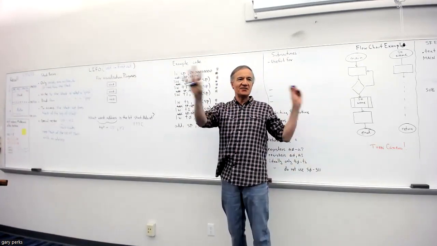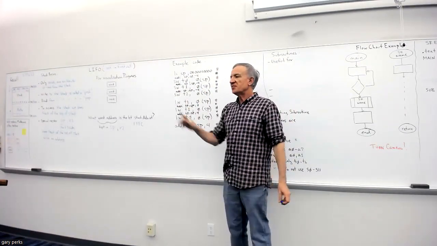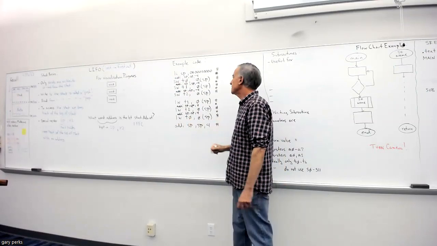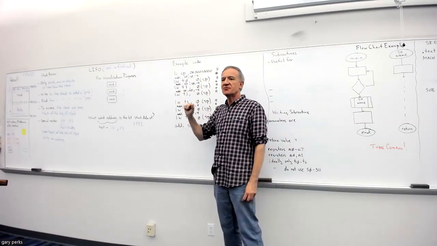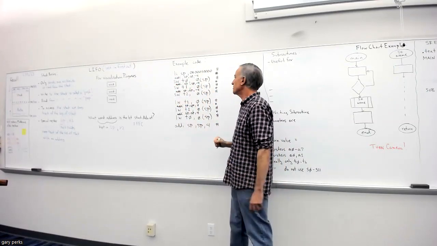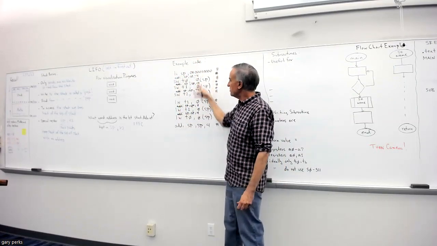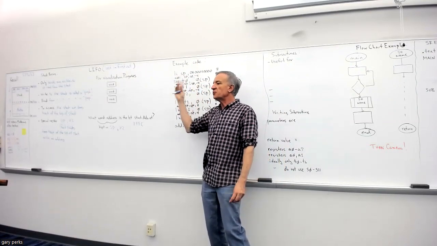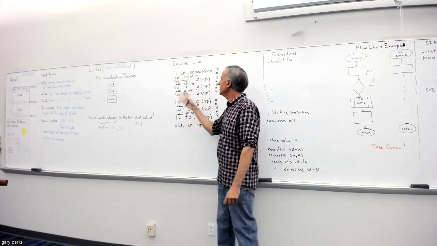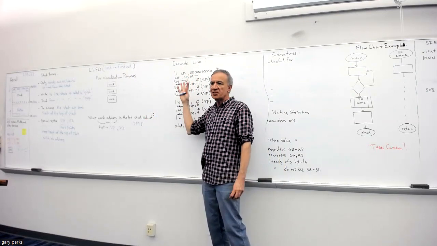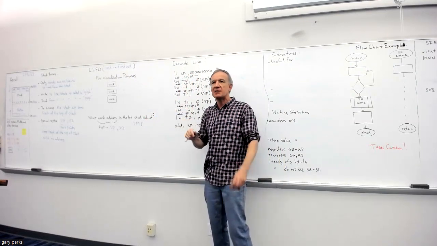Let me say right off the bat that this example code is not the only way to do what I'm about to show you. It's probably using more instructions than you would absolutely need.